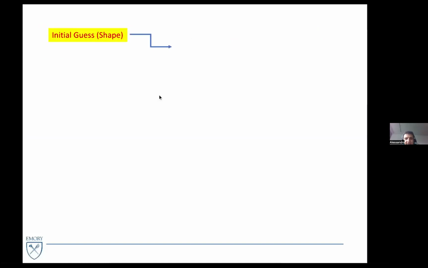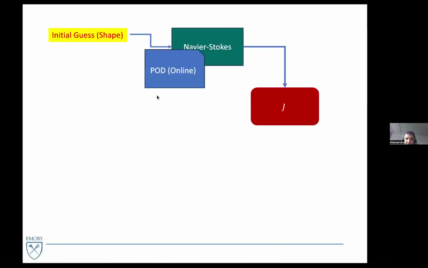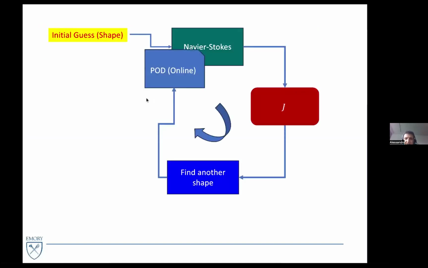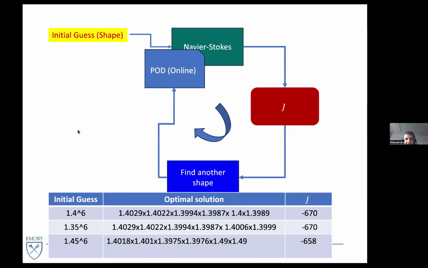So what I found is okay. This is just a flow chart to see how it works, and my optimal approach found basically a way to control the wall shear stress. The best is starting from different initial guesses.